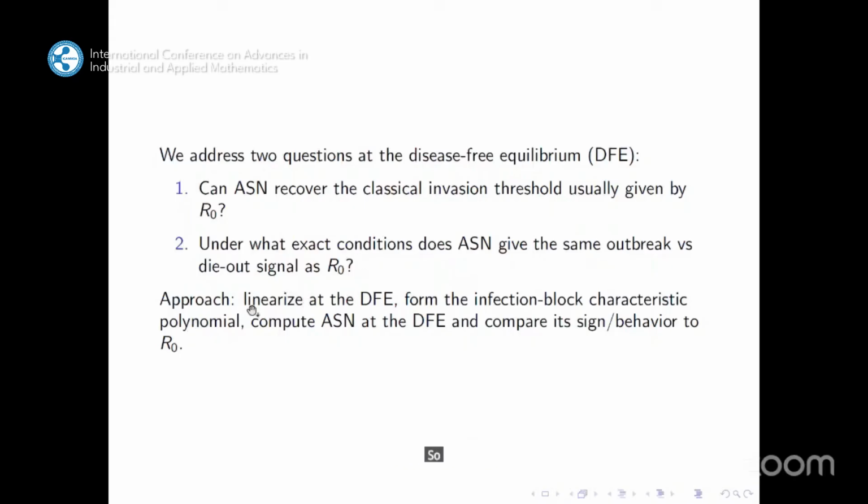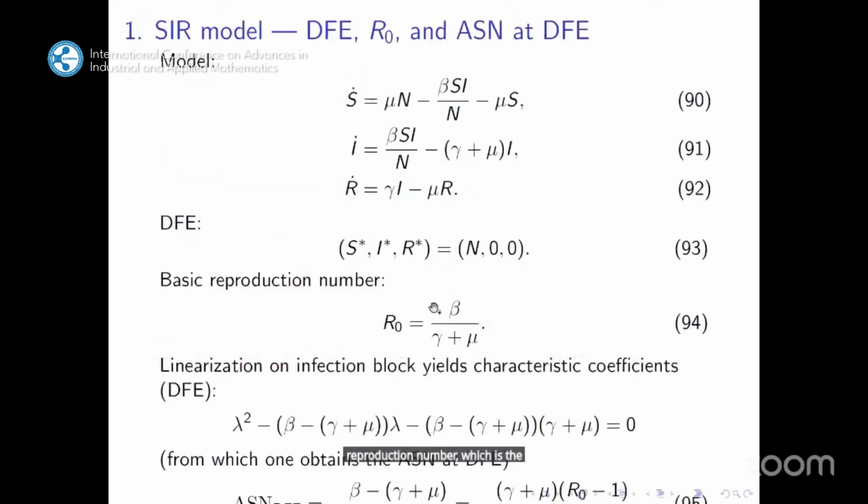So the approach is to linearize at the DFE, form the infection block characteristic polynomial, compute the Atangana strength number at the disease-free equilibrium, DFE, and compare its sign or behavior to that of the reproduction number, which is R0.